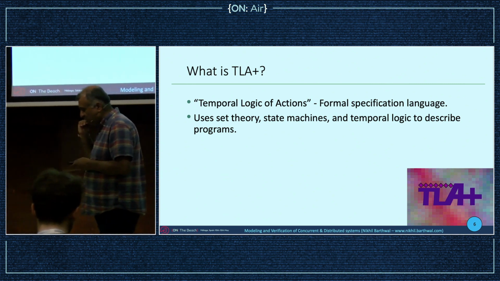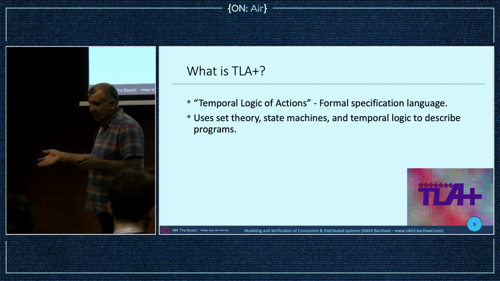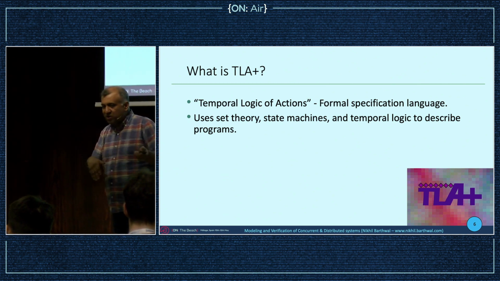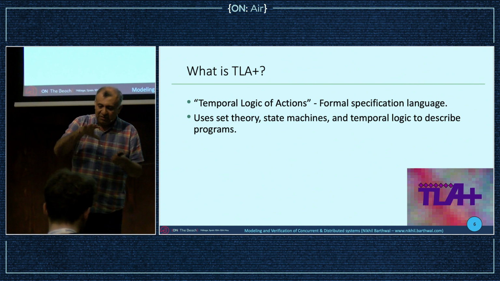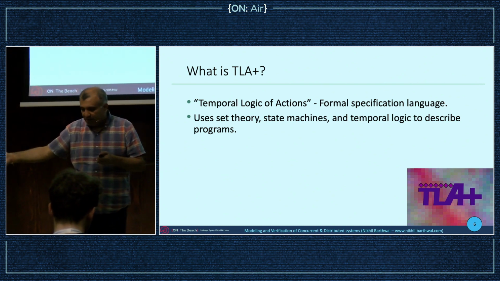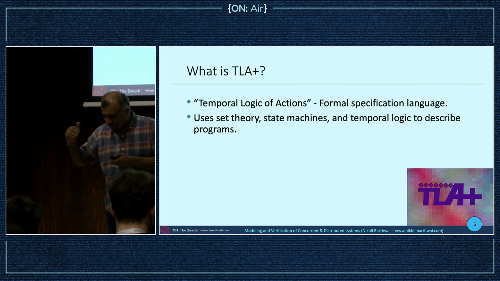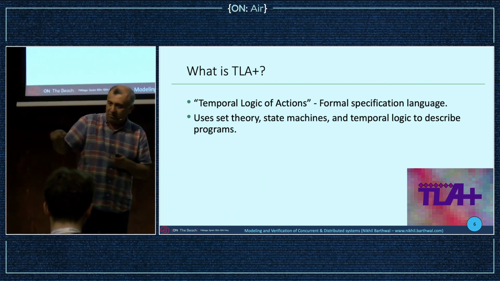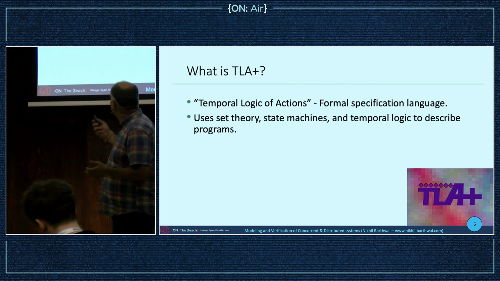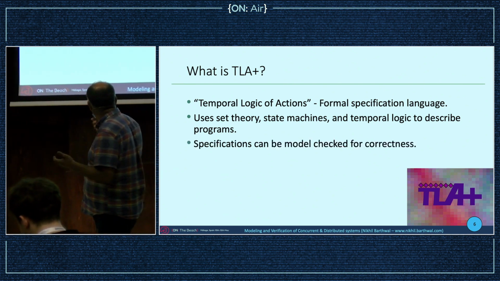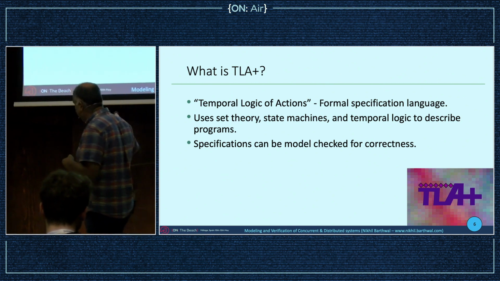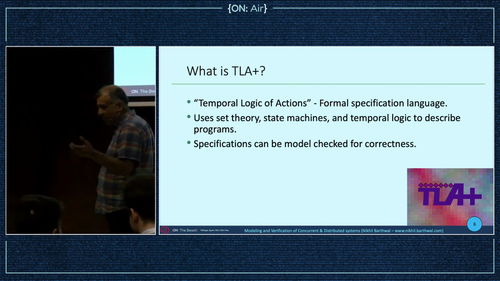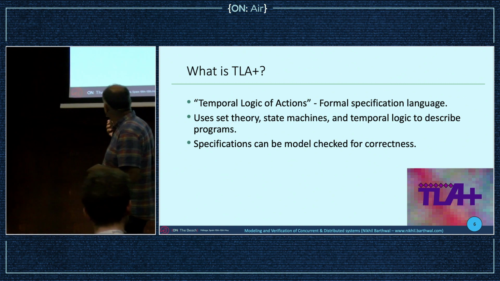Temporal properties are properties that are eventually going to be satisfied. So in distributed systems, you have this concept of eventual consistency, right? A certain condition eventually, and eventually could mean a couple of seconds, will be true, but it may not be true at every step while the process is going on. So you can have these specifications model checked in TLA+, and I'll give links for a model checker in the demo also. I'm kind of using it.